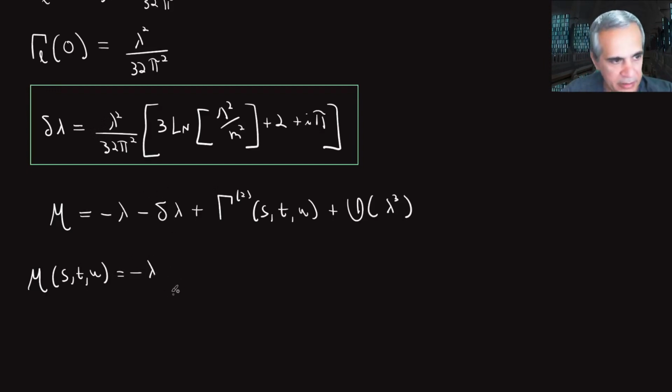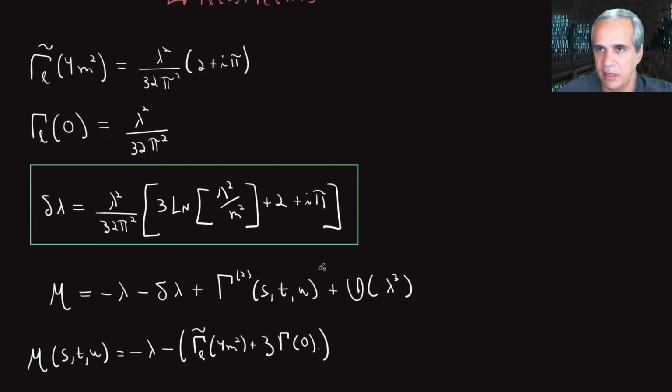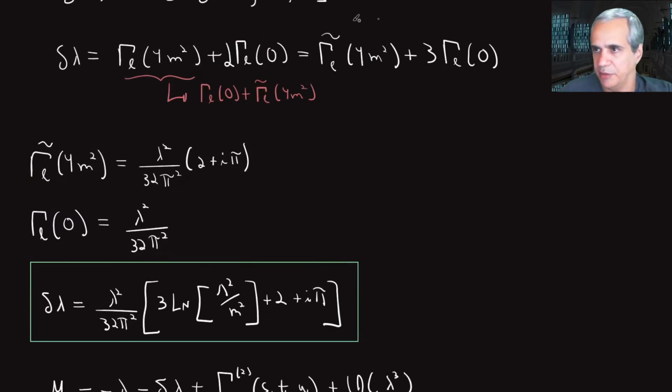Now this part is minus gamma tilde L of 4m squared plus 3 gamma of 0, as I wrote it up here.